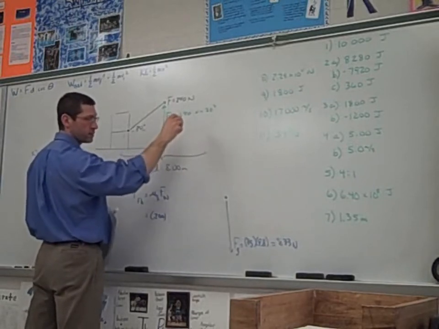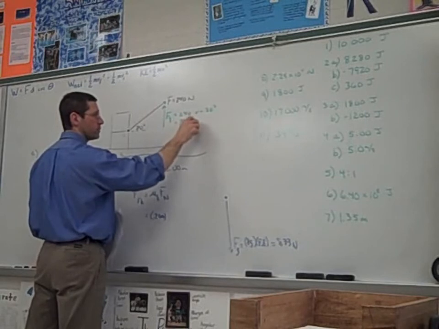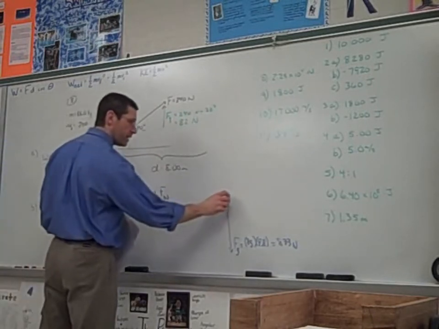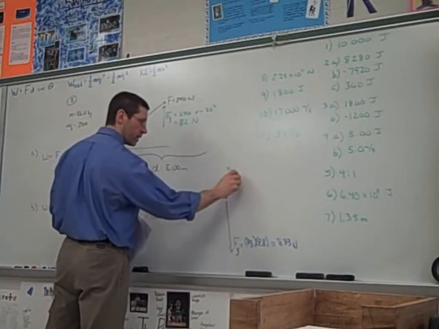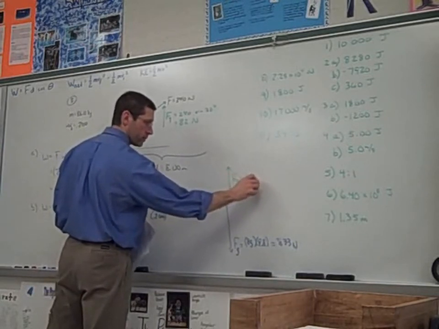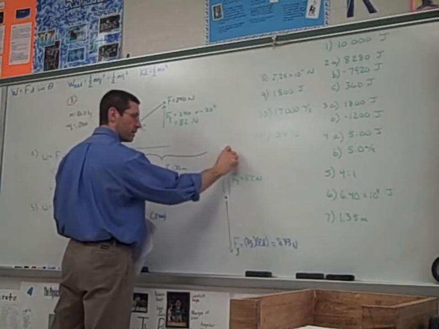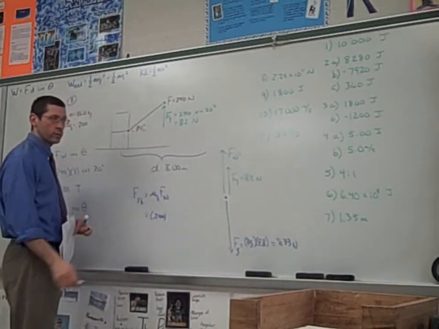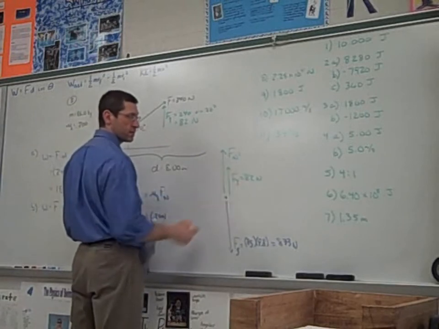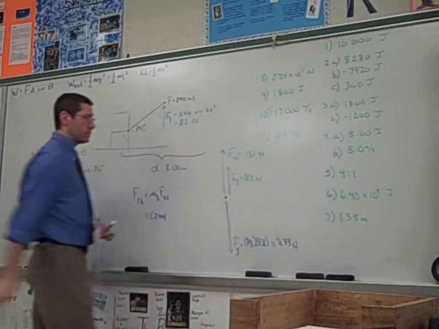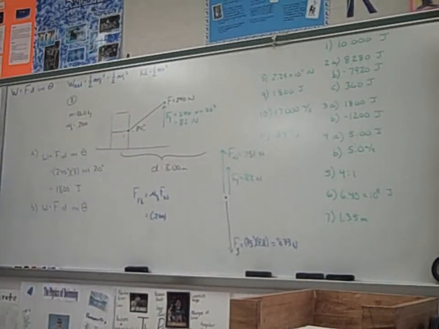Yeah, 82 newtons. So if you have 82 newtons of y component here, that means your normal force is not equal to 833. It's equal to 833 minus this, which is 751. Does everybody follow that? Okay.